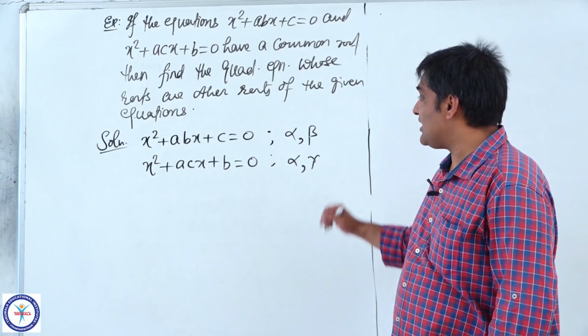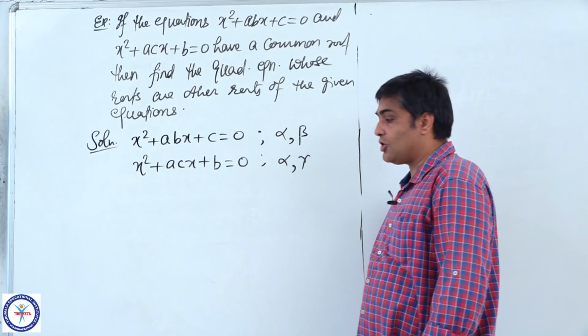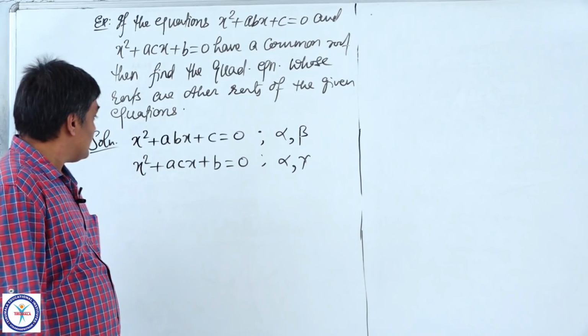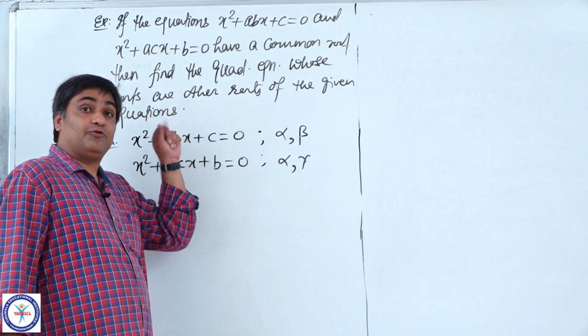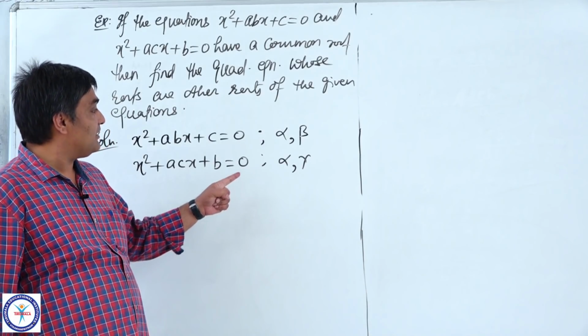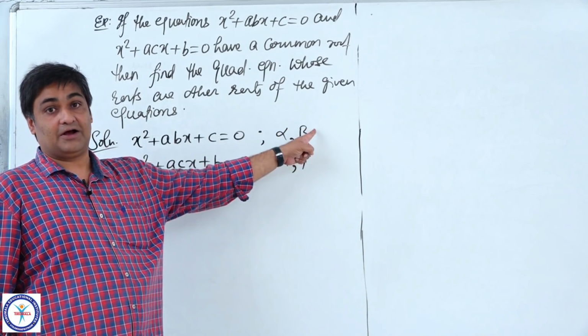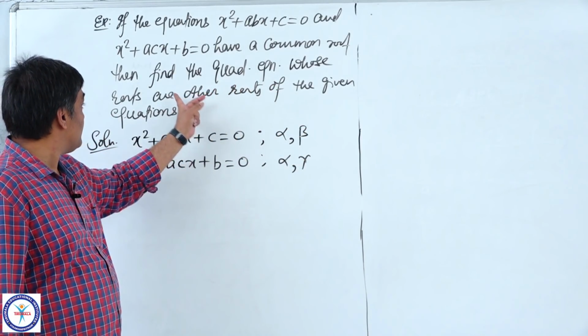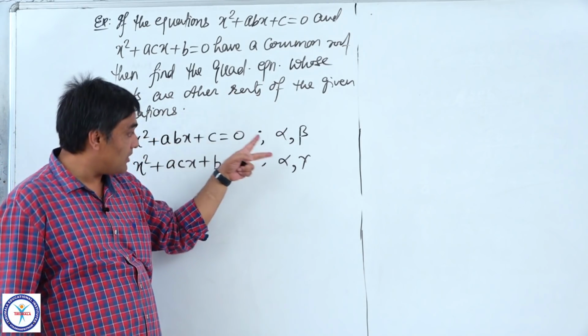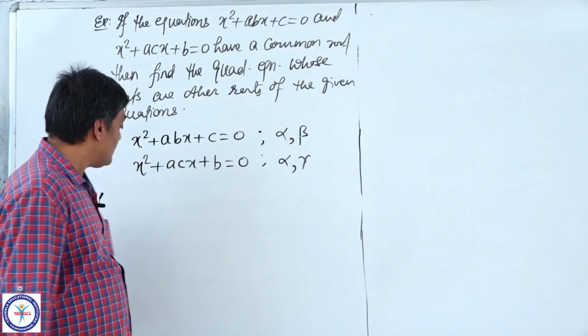So we have taken alpha as common root. In this question, we have to find the quadratic equation whose roots are beta and gamma, the other roots, not the common one.